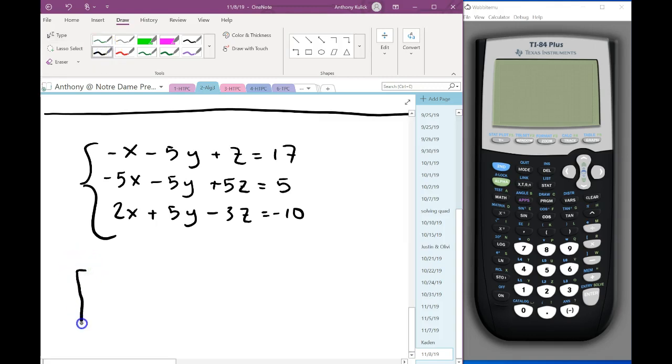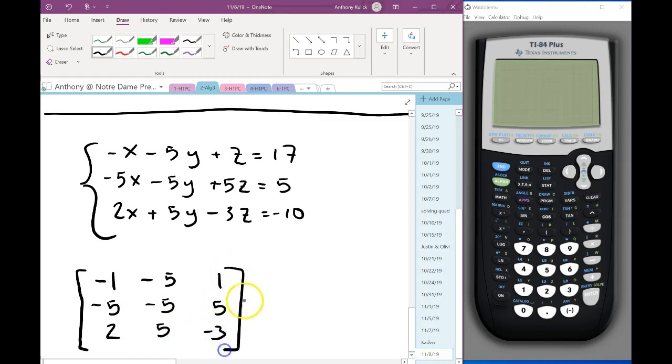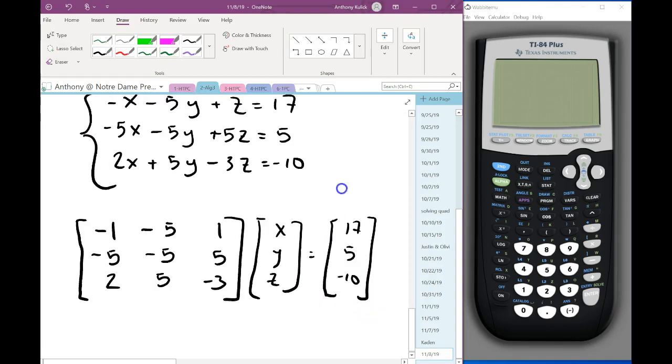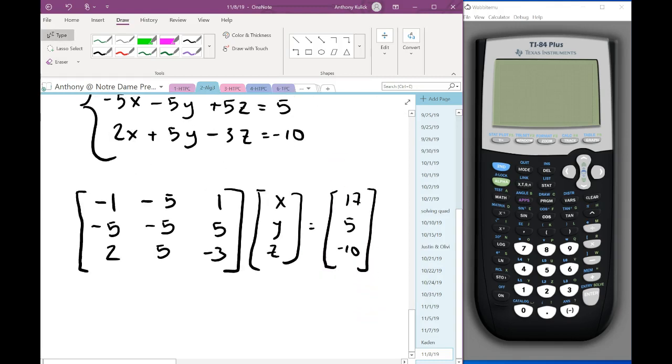So, first thing I'll do is translate this into a matrix. Here's my matrix equation. Everybody okay with that?